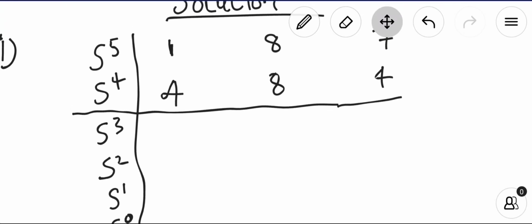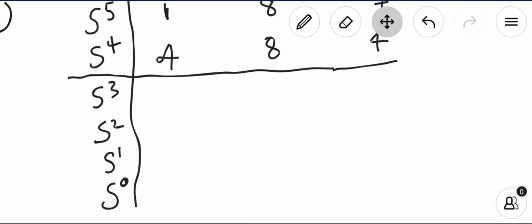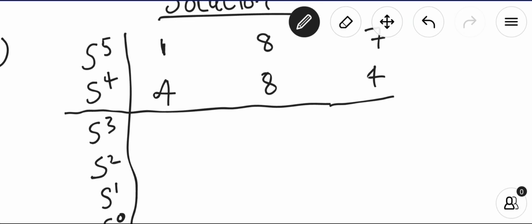So now, in order to get the row for s to power 3, s to power 2, s1, s0, for this first column, it is this times this minus this times this divided by this. So this should be 4 times 8 minus 8 times 1 divided by 4. You have 6.